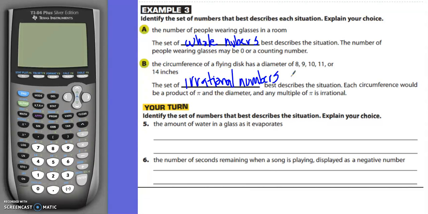Identify the set of numbers that best describes the situation. Explain your choice. The amount of water in a glass as it evaporates. So this would be real numbers. It's going to be any number greater than 0.